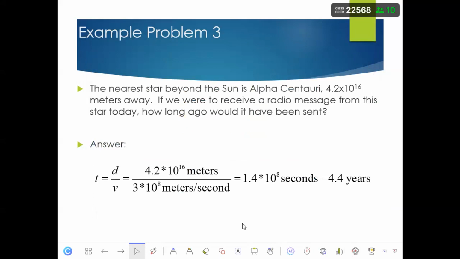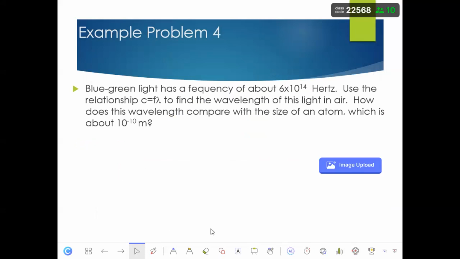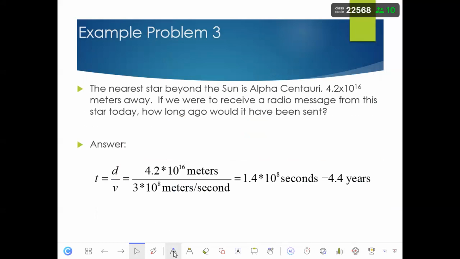How can we convert this? We know that one day is 24 hours. Let me just show you how to convert seconds to years, because 1 year is how many days? 365 days, yes?